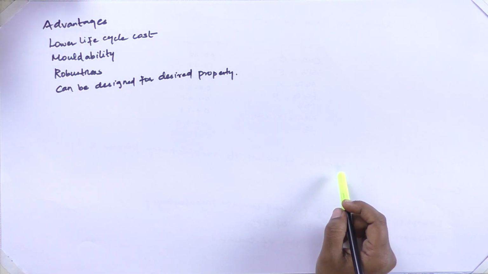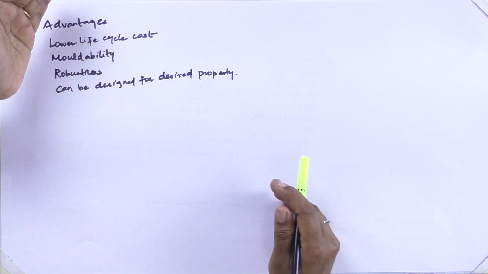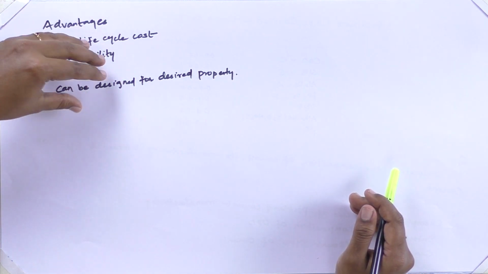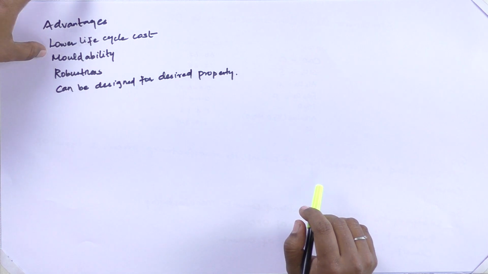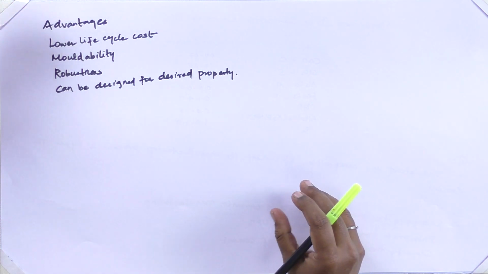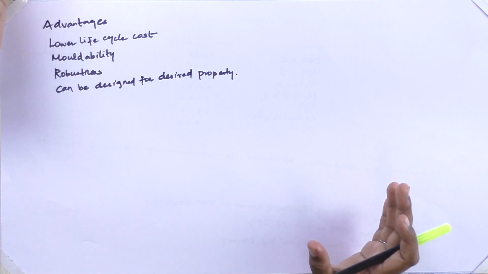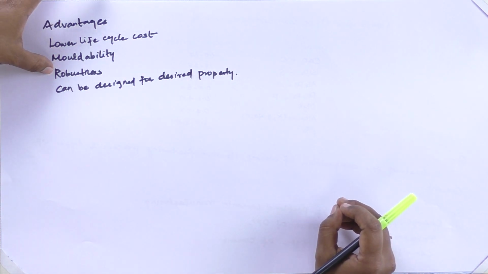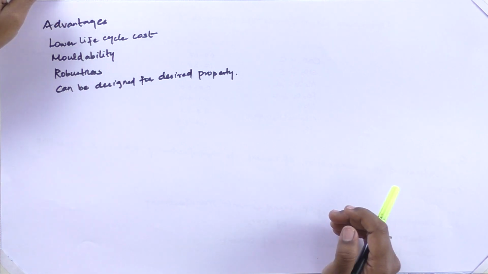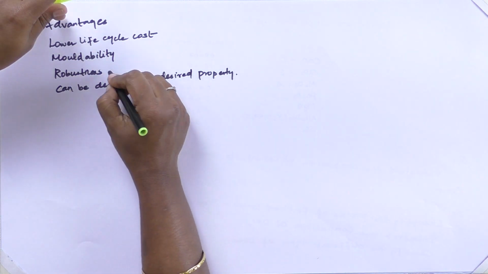The initial capital cost and the maintenance cost during its service period are relatively cheap compared to other materials. Next, moldability, that is we can mold it into any desired form which we like to have. Robustness is nothing but the massiveness which it gives.